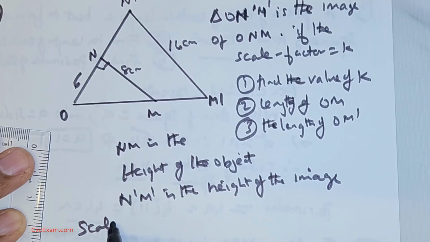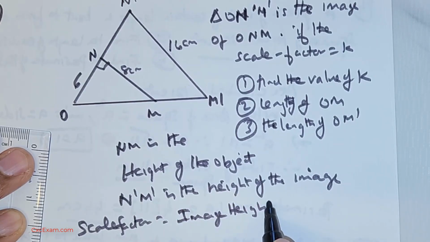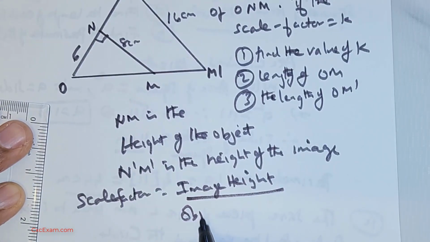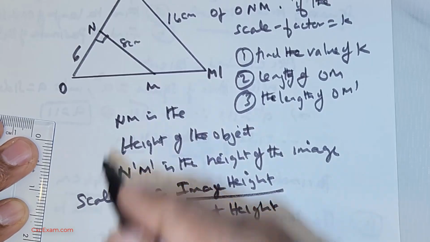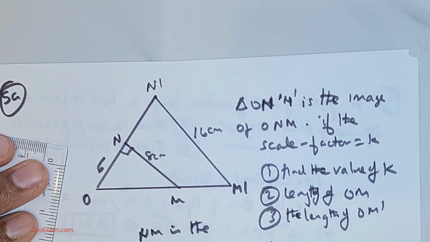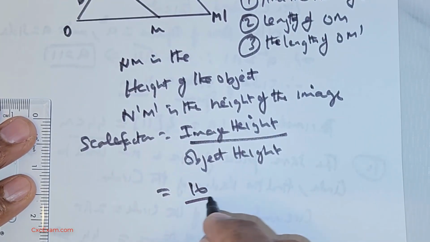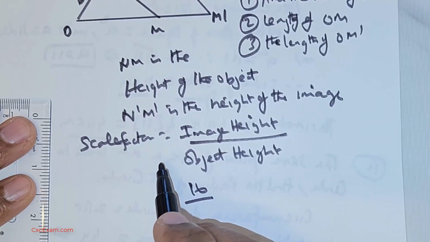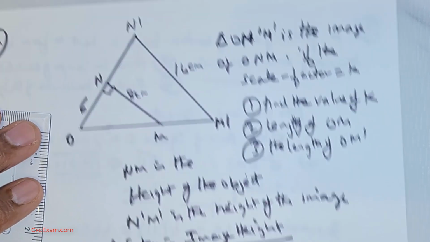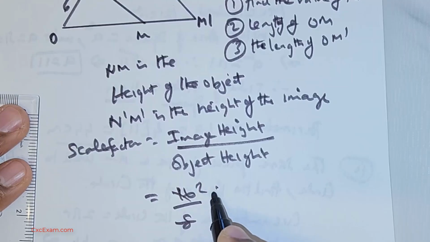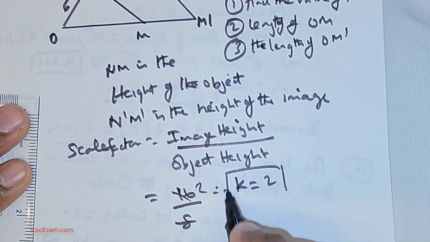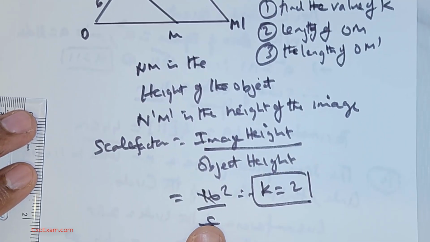So scale factor is equal to image height over object height. Image height is what? 16. Object height is 8. 16 divided by 8, therefore k is equal to 2. So this is the scale factor.